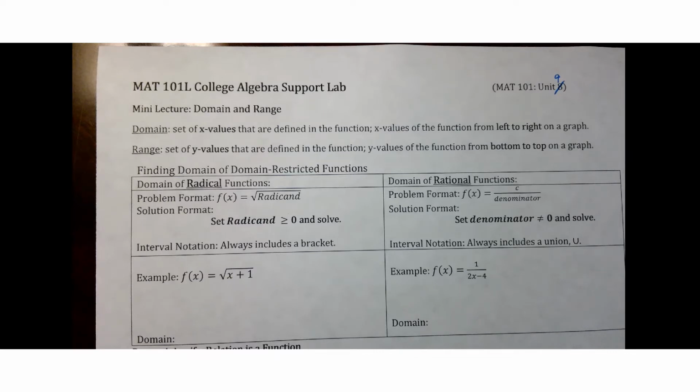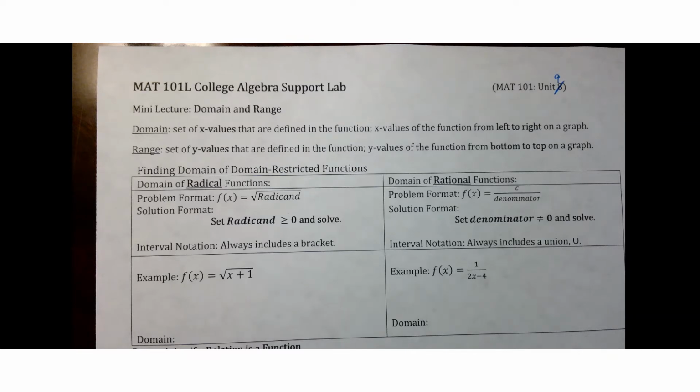Well, that changes the values of the graph and the x values and the y values. So now we're actually going to talk about defining that. What does it mean for domain? What does it mean to find the set of all x values? What does it mean to find the set of all y values?